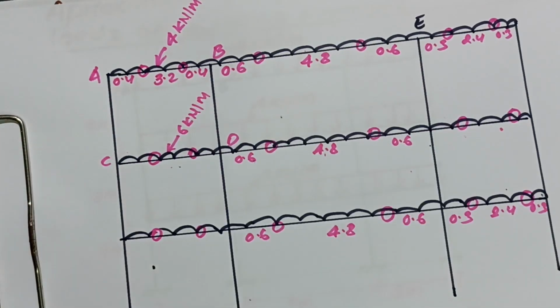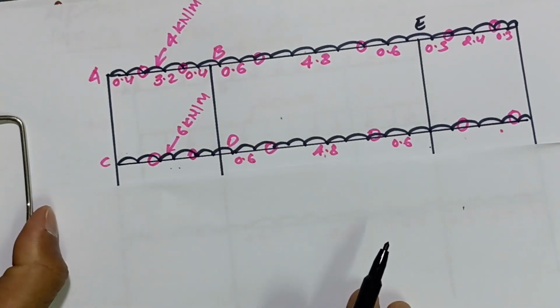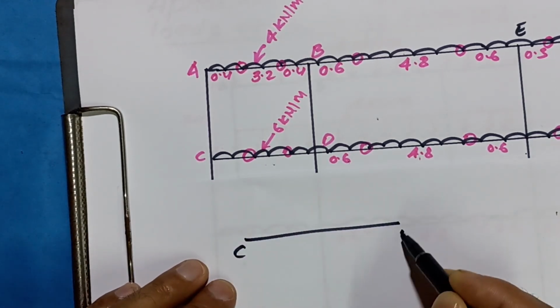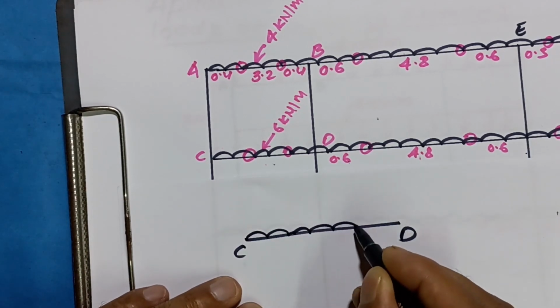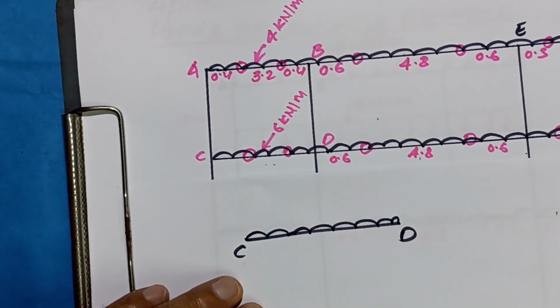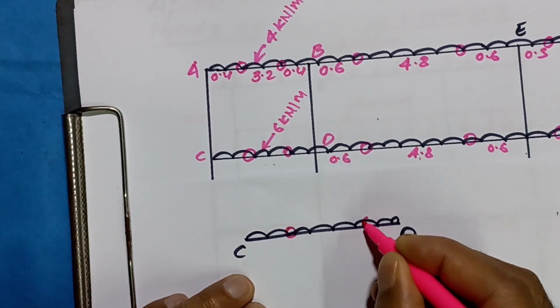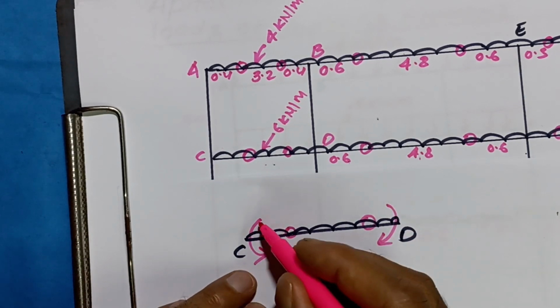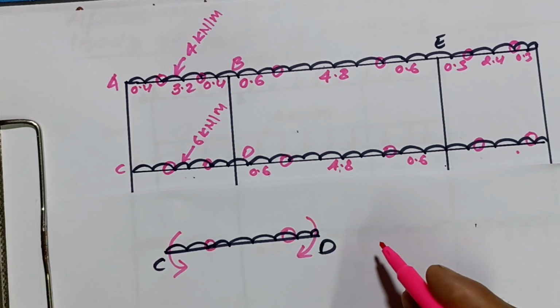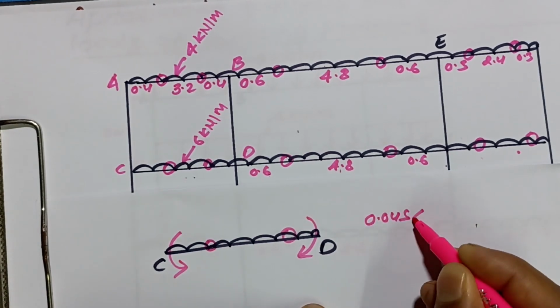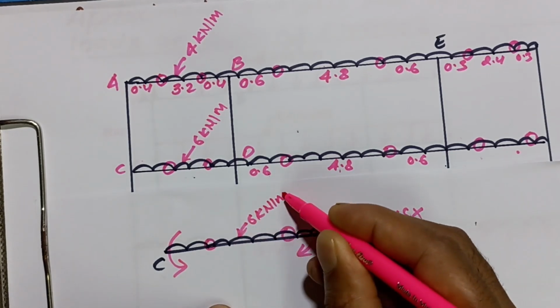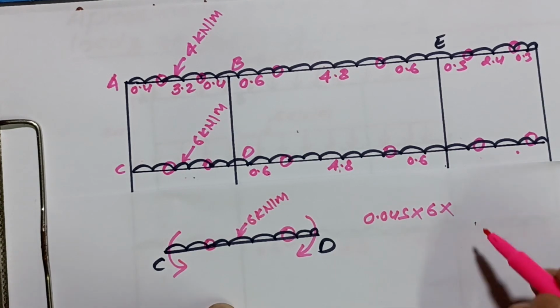Now we will analyze another part of this frame, that one is CD. Let's see here, CD. Here is the point of inflection, and the direction will be the same, downward. I will calculate this value. We'll use the shortcut formula: 0.045 into intensity of load, which is 6 kilonewton per meter, into WL squared.